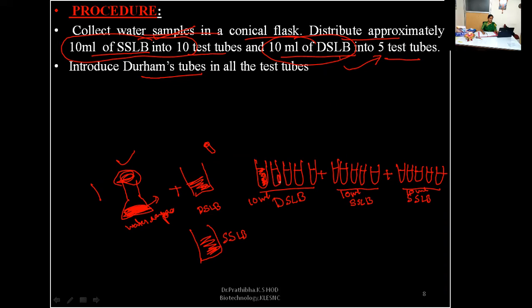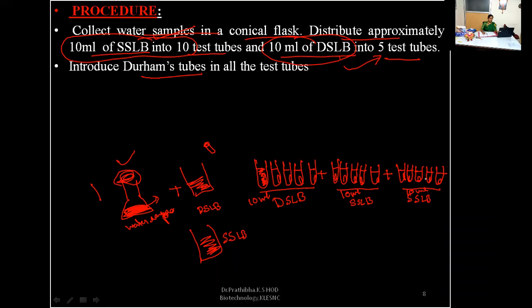Make sure there should not be any air bubbles. To all the test tubes you are going to introduce the Durham tube. When I perform the practical demo, at that time I'll show you how to introduce this Durham tube. So now we have put the Durham tube into all the test tubes.